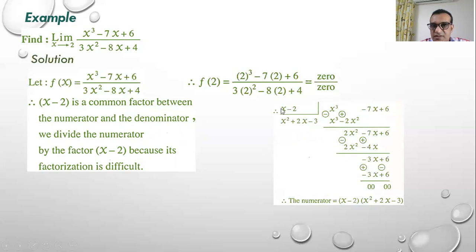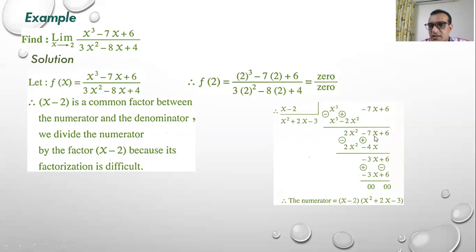First term divided by first term: 2x power 2 divided by x equal to 2x, and multiply 2x by this factor. 2x multiply x equal 2x squared, 2x multiply negative 2 equal negative 4x, and change the sign and add: 2x squared minus 2x squared equals 0.